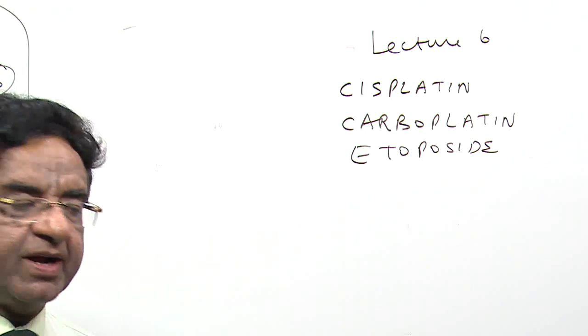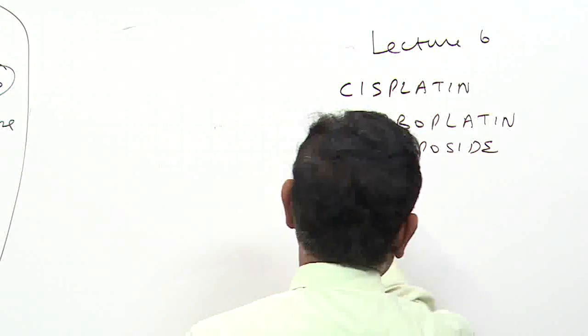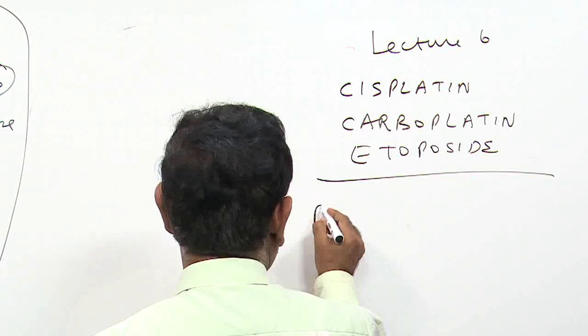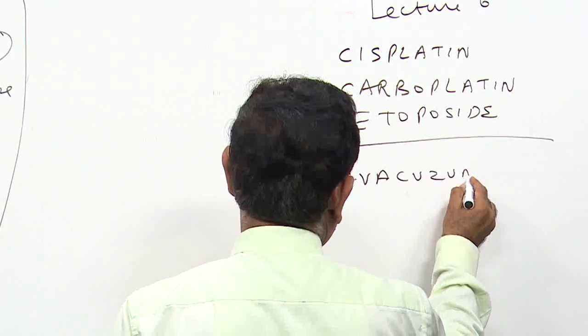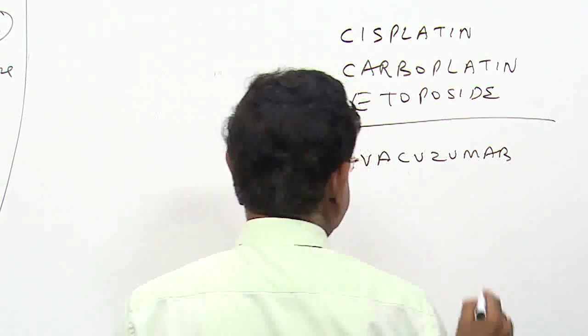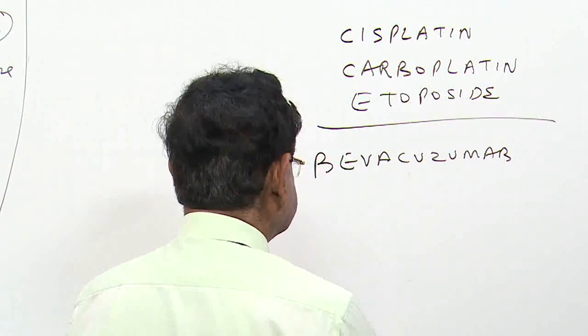But new drugs have come up. The new drugs which have come up are bevacizumab, this we are using for lung cancer because this is an anti-angiogenic drug.